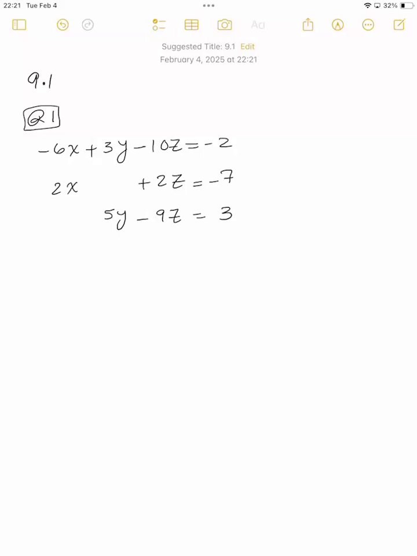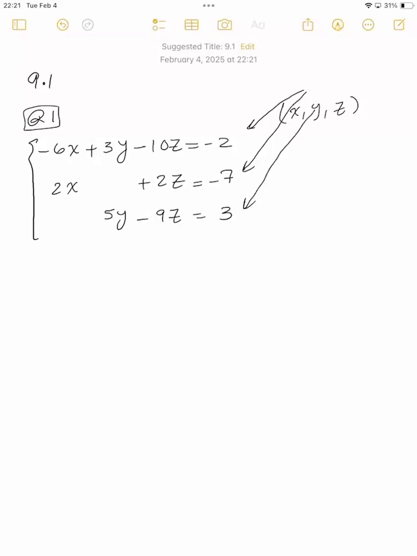So we have a system of equations, and we want to write an augmented matrix. Our goal eventually in this section is to be able to solve this system of equations. That means we want to find x, y, z, which are going to be 3 numbers that work for this equation and this equation and this equation.